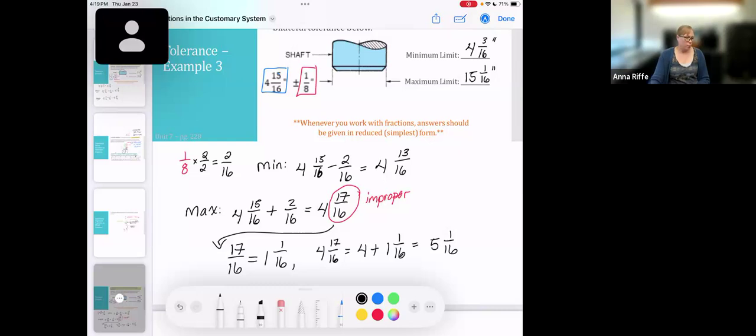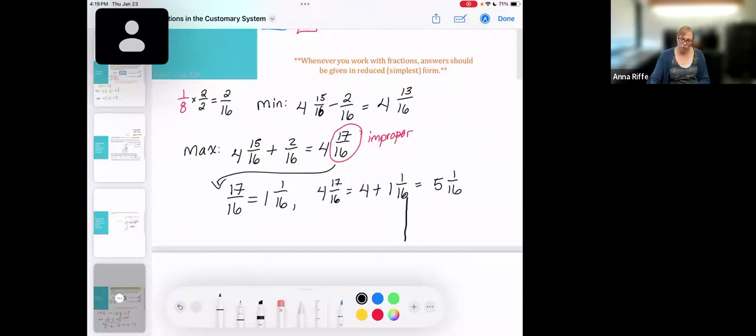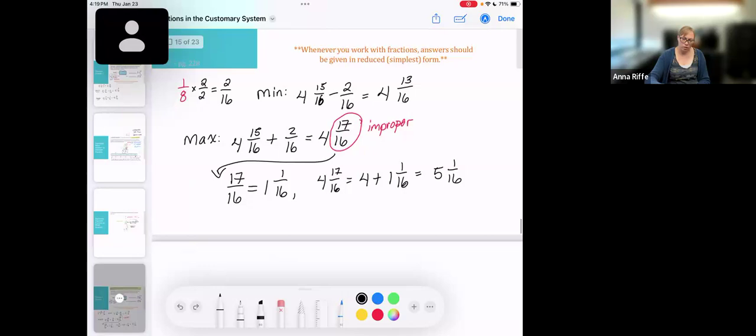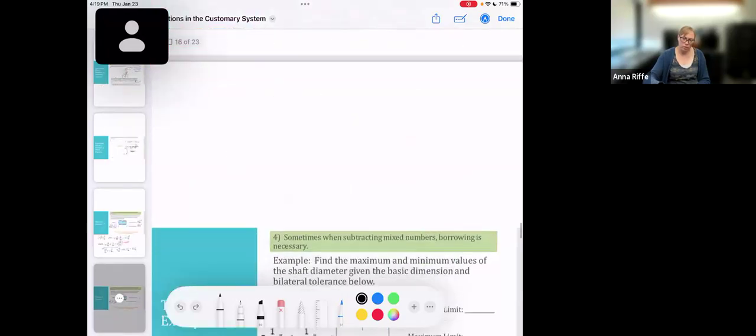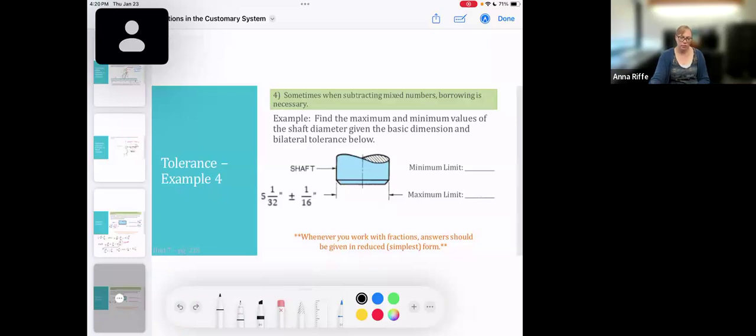Let's do one more tolerance example, because there's one more situation we should probably deal with. Sometimes when we're subtracting numbers, instead of converting to a mixed number, instead of having something too big or an improper fraction, we might need to borrow.